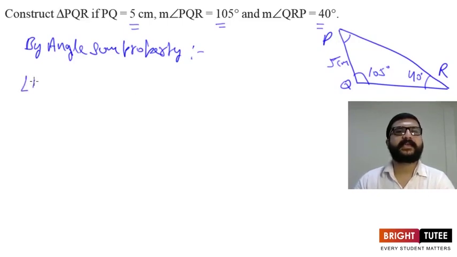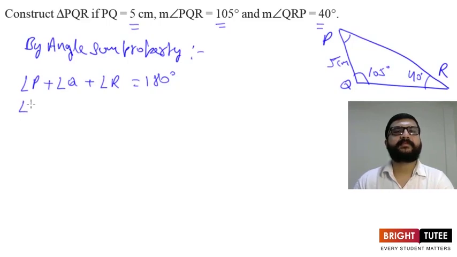So therefore we can say angle P plus angle Q plus angle R is equal to 180 degrees. Now from here we will get angle P plus 105 plus 40, that is 145 degrees. Now this is equal to 180 degrees.